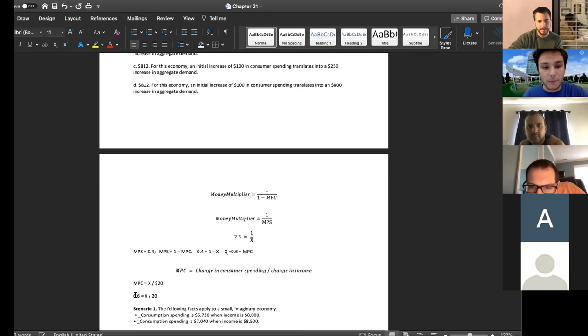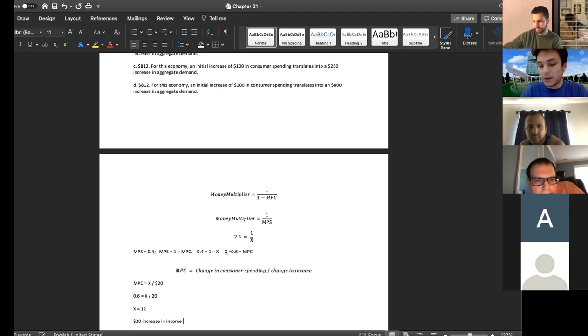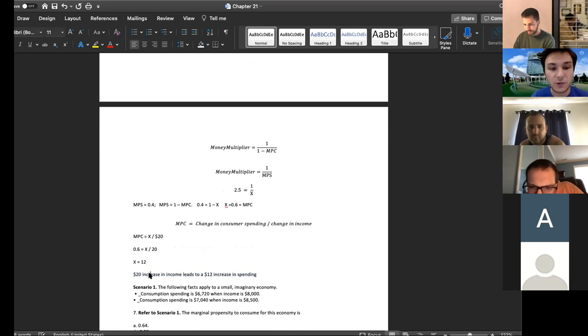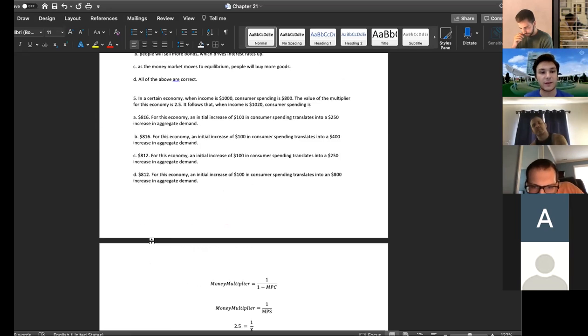If we multiply 0.6 times 20, we get that X is equal to 12. This is basically saying that a $20 increase in income leads to a $12 increase in spending. So $12 of that new $20, or 60% of it, is going to be spent.